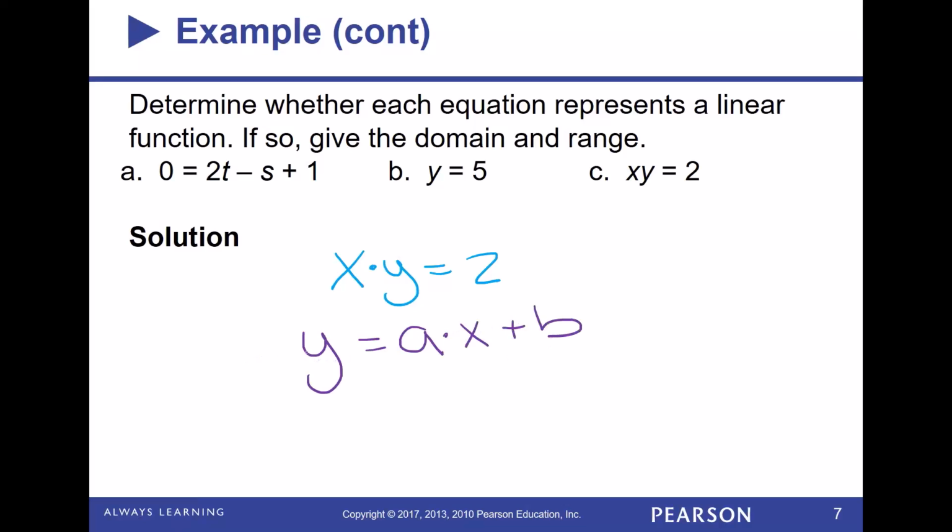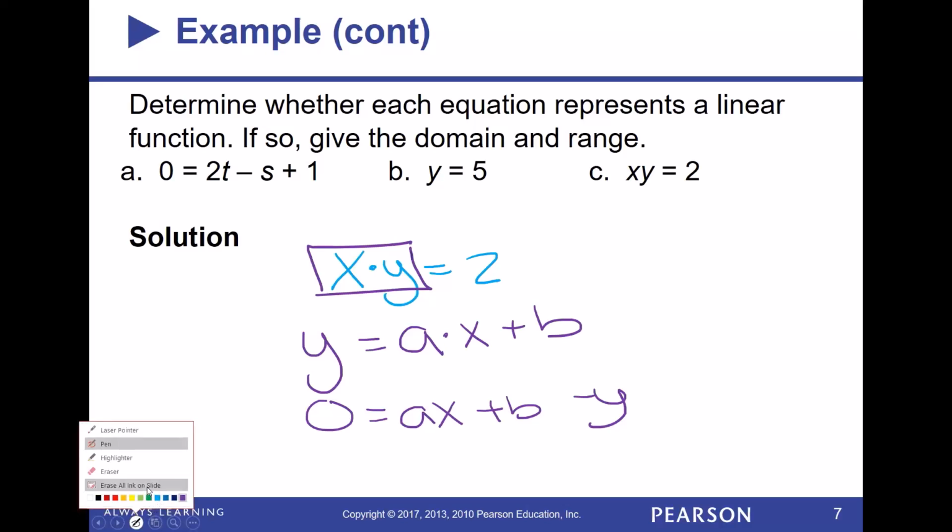Even if I were to move the y over to the other side, like we did with that one earlier, that would be a times x plus b minus y. They would still be two separate terms. In our case here, this is one big term, which means I can't really separate them unless I do some type of division.